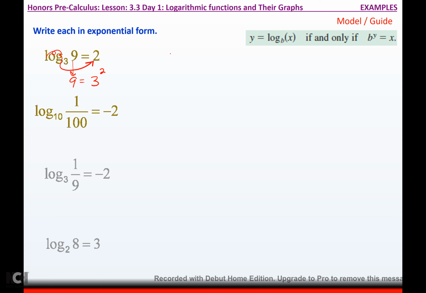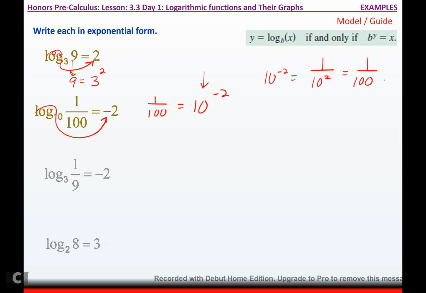On the second one, when the log rolls over, the bug moves over. So I have 1 over 100 equals 10 to the negative second, which is true, because 10 to the negative second equals 1 over 10 squared, which equals 1 over 100.